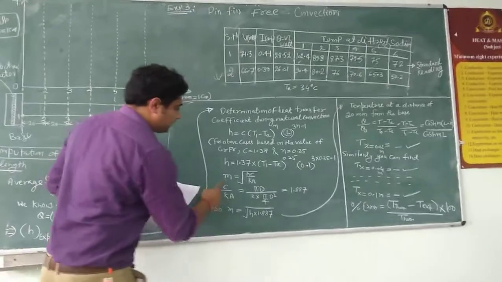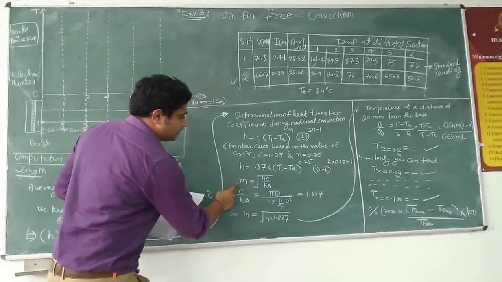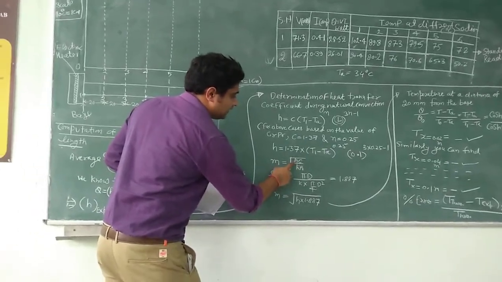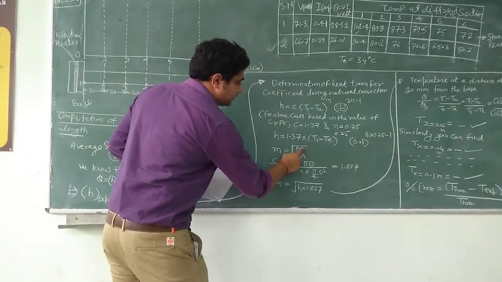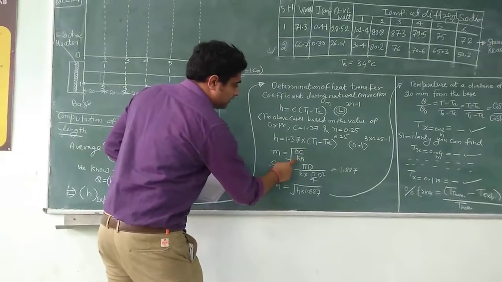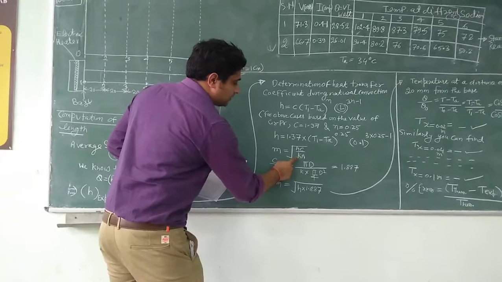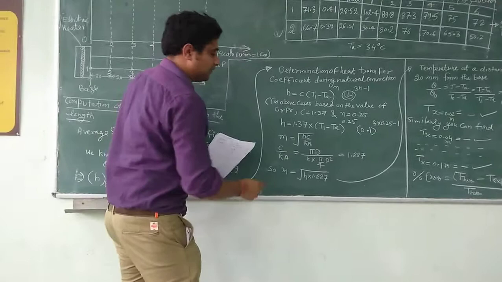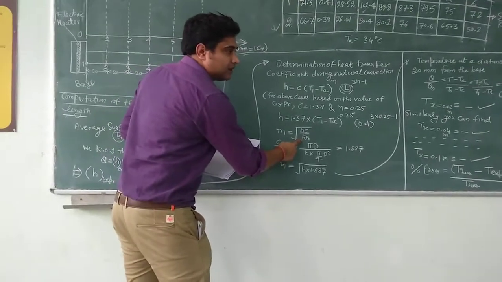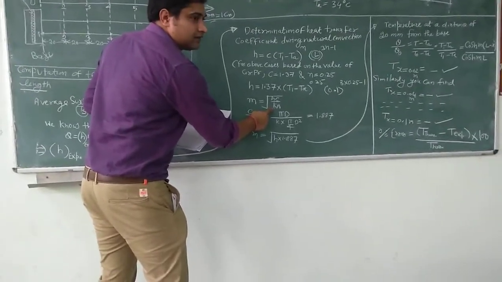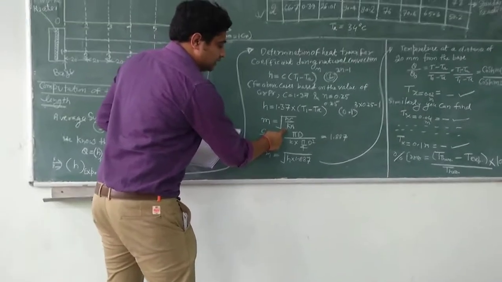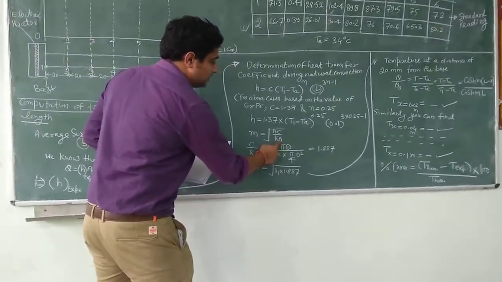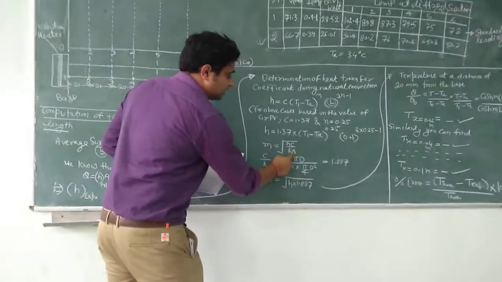Next, we have to find the value of m, that is under root hC by kA. Here h is the heat transfer coefficient, C is the perimeter of the fin, and k is the thermal conductivity of the cylindrical fin. The material of the fin is brass, for which the thermal conductivity is 111 watt per meter degree Celsius, and A is the cross-sectional area.